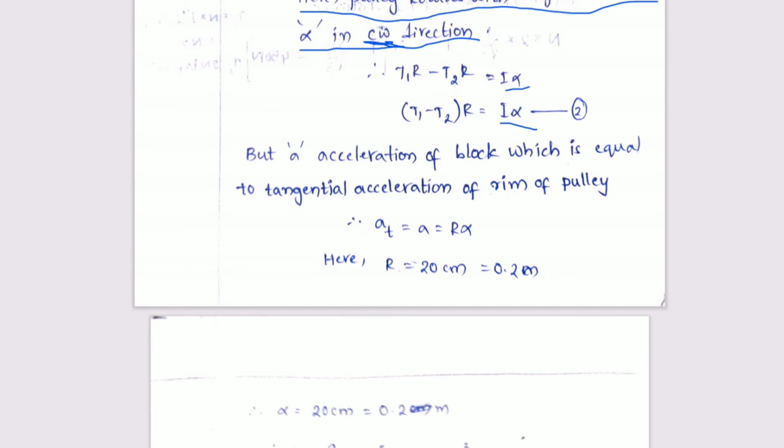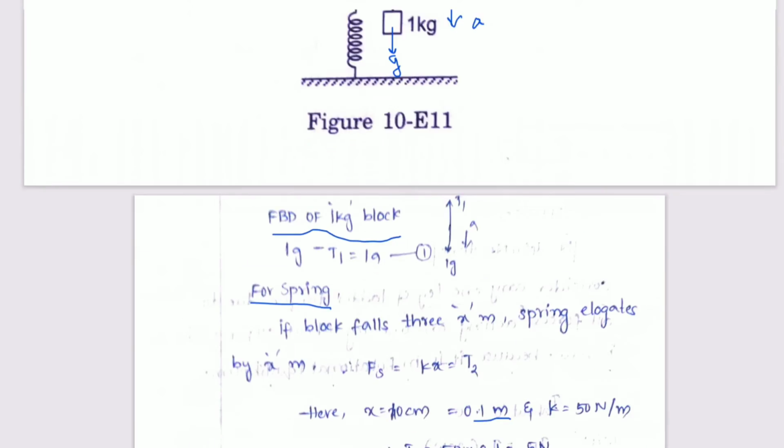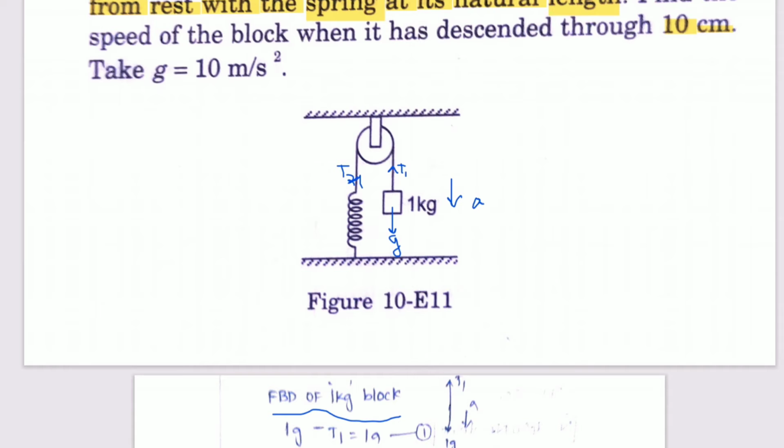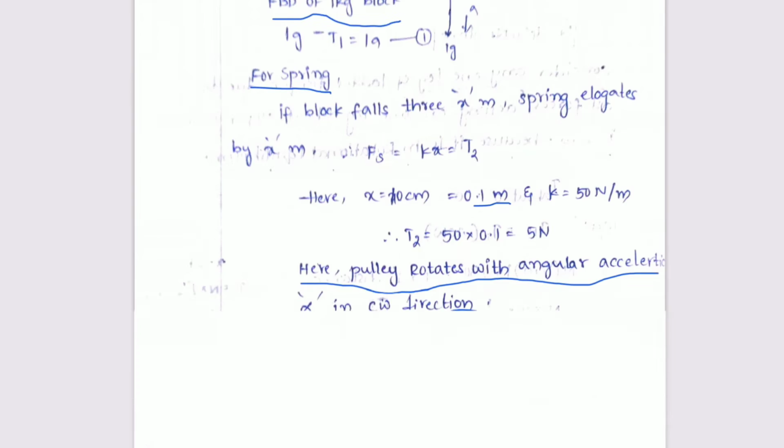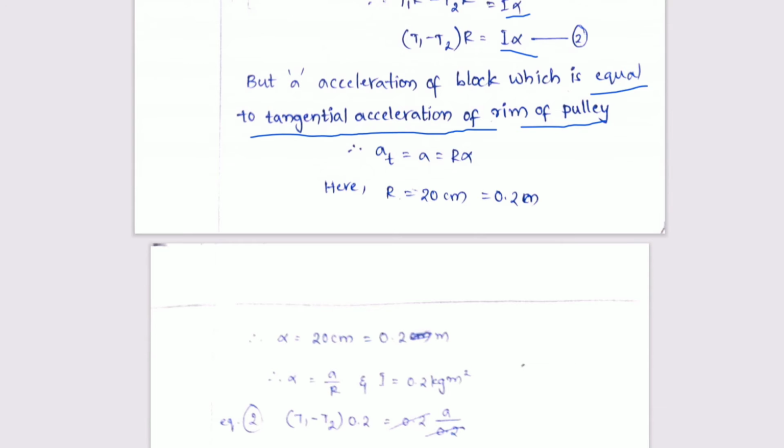But the acceleration of the block is equal to the tangential acceleration of the rim of the pulley. So the tangential acceleration a equal to R into alpha.